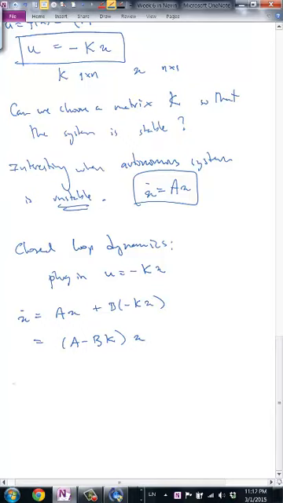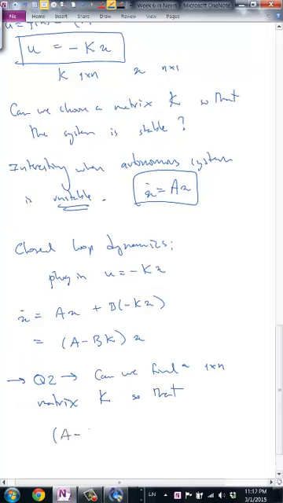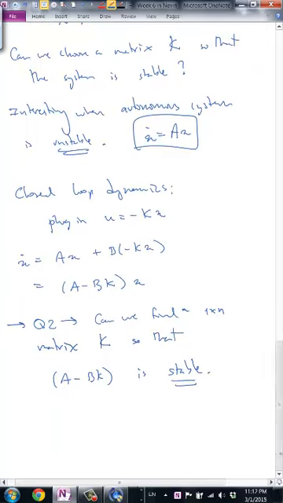So basically, Q2 is really asking, can we find a 1 by n matrix K so that A minus BK is stable? And of course, we've analyzed what that means.